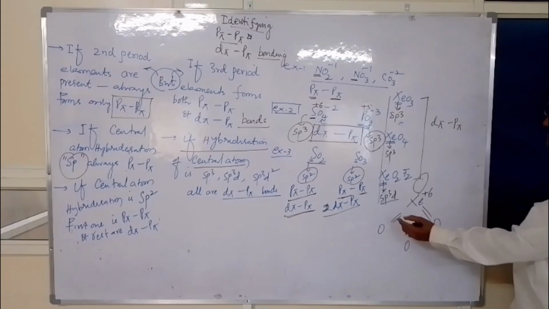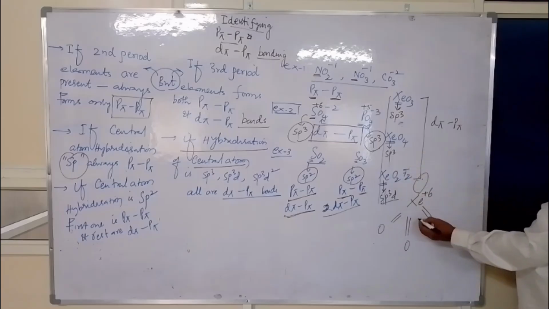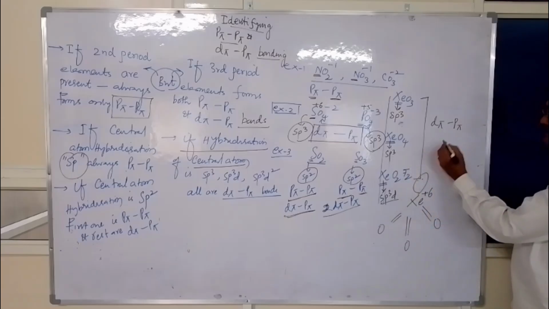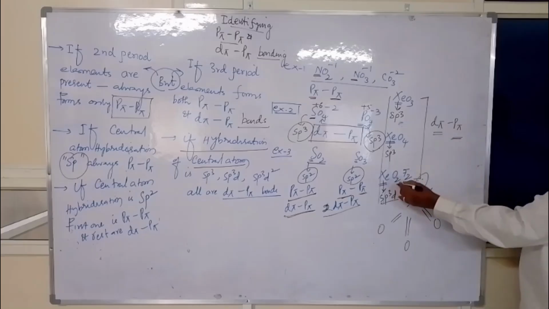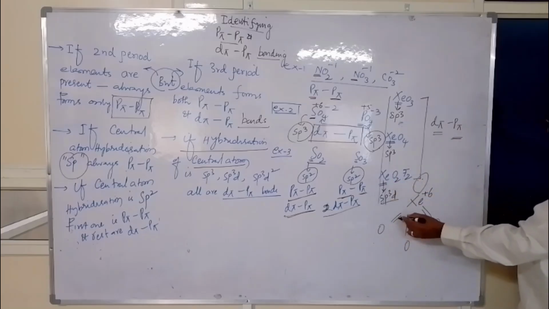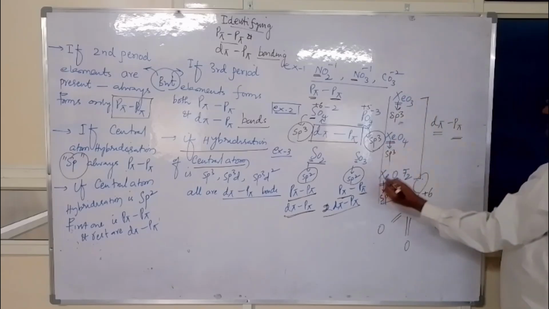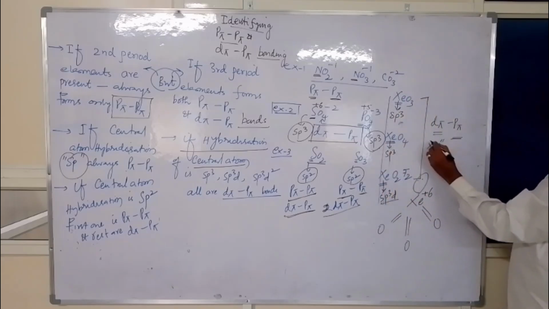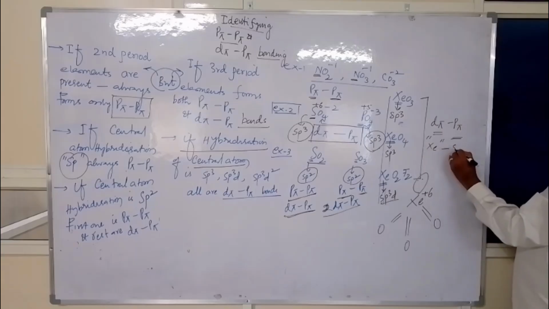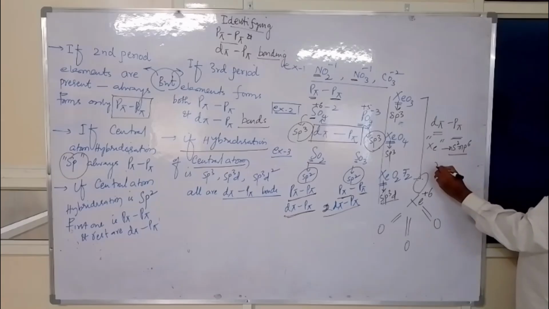Let me show you. First of all, we will go through this d-pi, p-pi. For example, xenon: we have a tricky concept to learn. It's ns2 np6, the octet configuration.